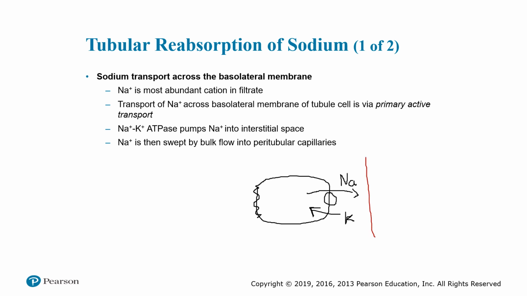So this is the peritubular capillaries. Just like I said before, water loves sodium, so water is going to follow the sodium and sweep the sodium into the peritubular capillaries. So this is our sodium, and it is the first step, the transportation of the sodium out of the cell by sodium potassium ATPase.